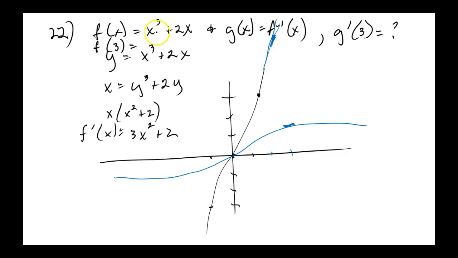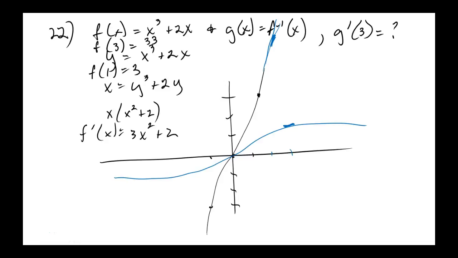What would that be? 33. But more importantly, we need to know, and we already know, that f of 1 is 3. We did that one before, remember?